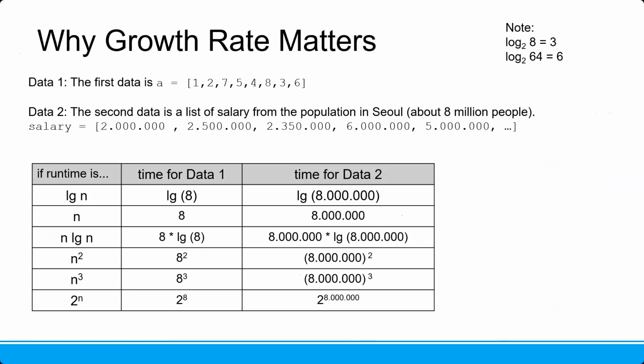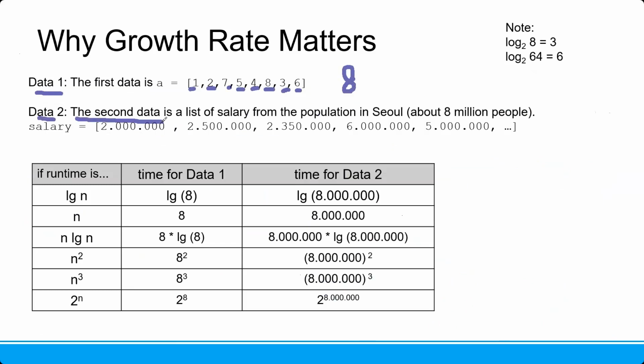So maybe this will give you a more obvious example. Now I'm going to check two data sets. The first data set has only 8 data items.